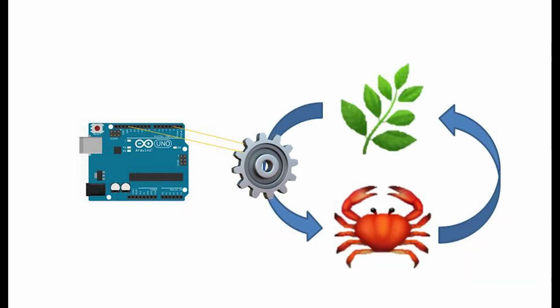Furthermore, we can do another Arduino project by connecting an Arduino to a water wheel. When the water wheel turns, it will send information to the Arduino board. Therefore, we can detect the rate of water flow from the vegetable bed into the crab tank.